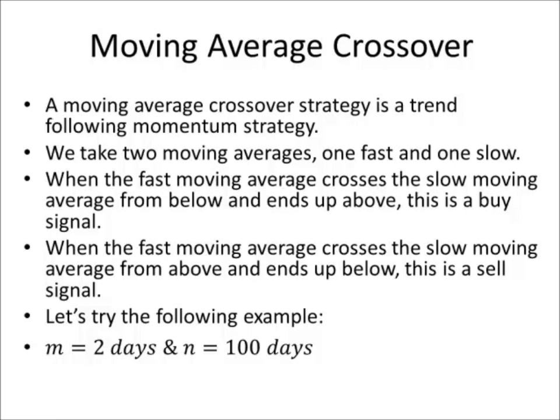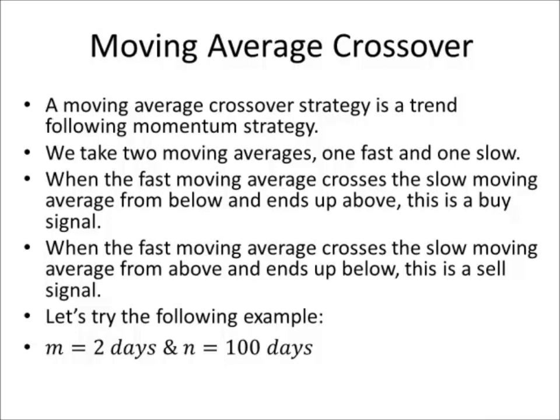That signals an uptrend. And conversely, when the fast moving average crosses the slow moving average from above and ends up below, this is a sell signal. And essentially, this will translate into whenever the fast MA is below the slow MA, that's a sell signal. That indicates a downtrend, we should be short.